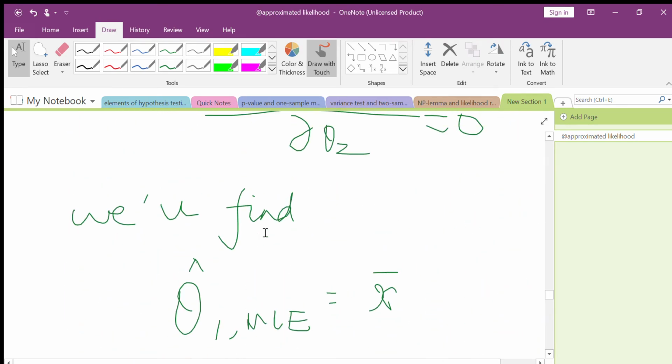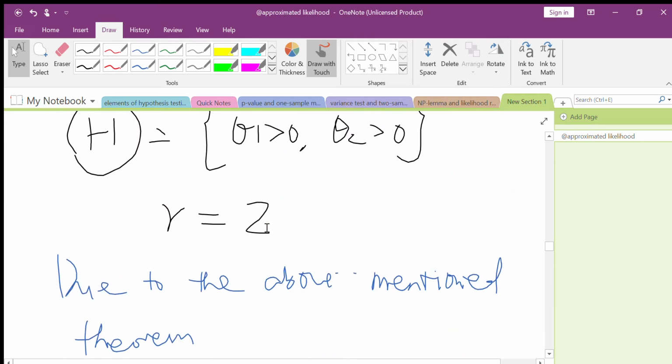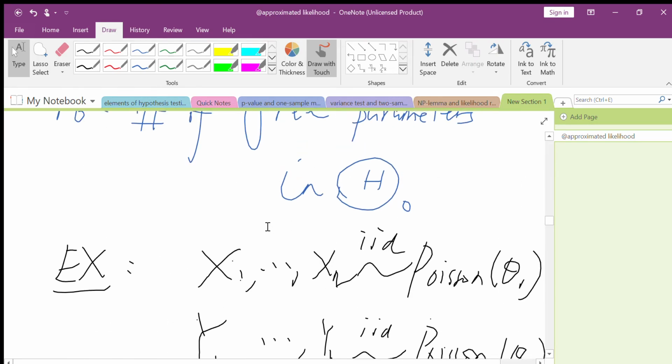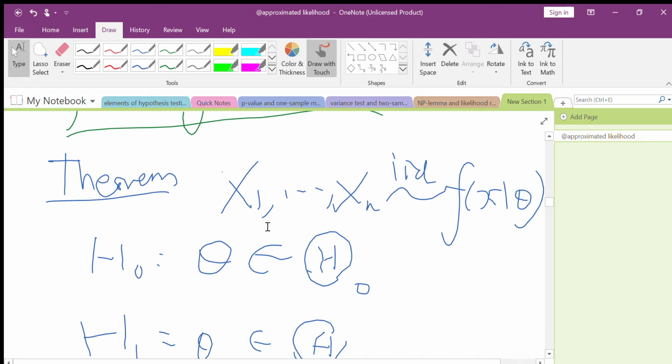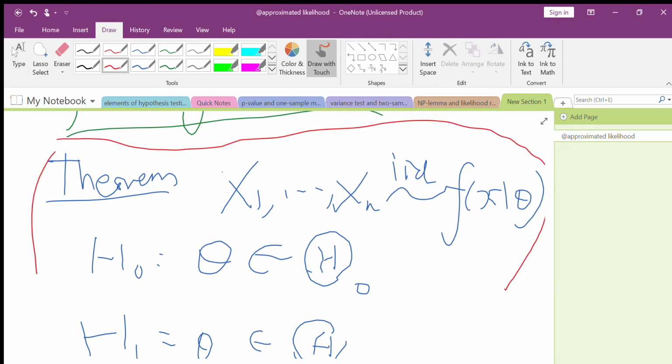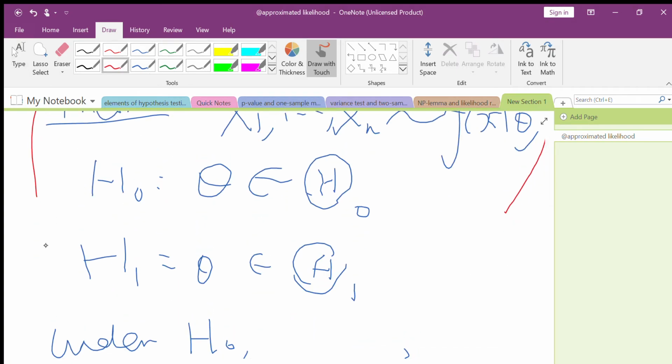So let's review our approximated likelihood ratio test. It is a theorem, and this theorem is quite useful. In this theorem, we have a random sample following some distribution, and we would like to test a hypothesis about the parameter space.